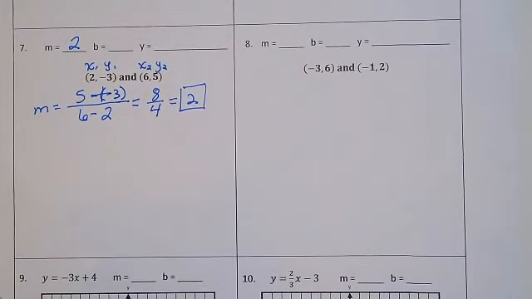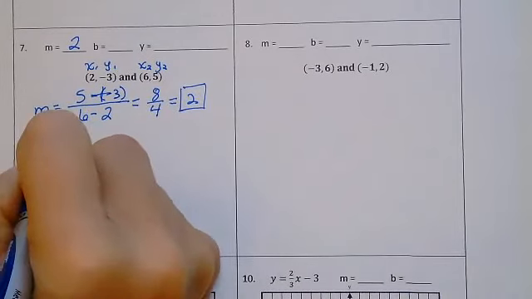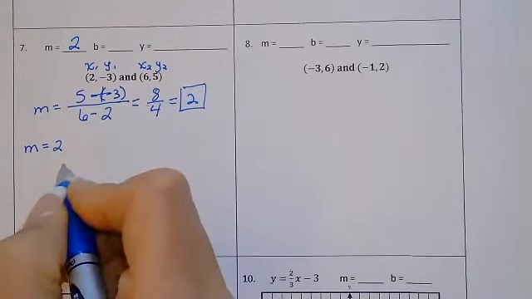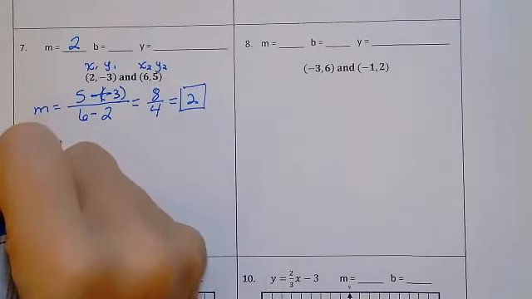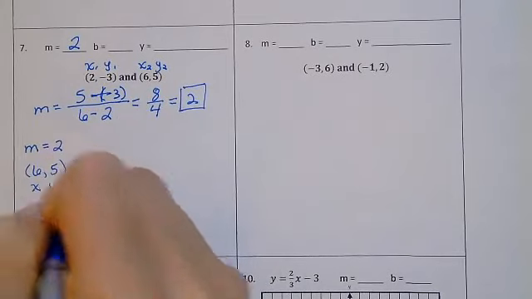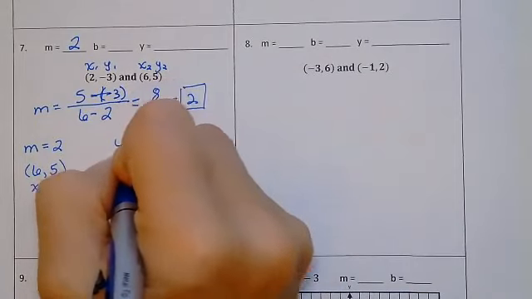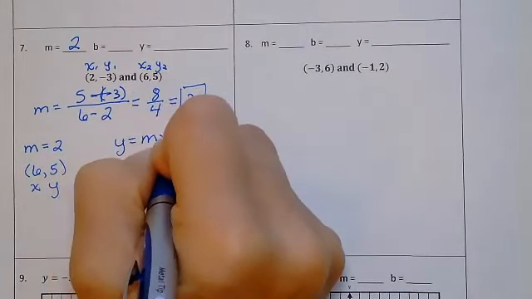All right, now we've got to find our y-intercept. So I'm going to need my slope, and I'm going to need an ordered pair. I'm going to pick 6 and 5 since they're both positive, makes it a little bit easier. Okay, let's substitute into slope-intercept form.